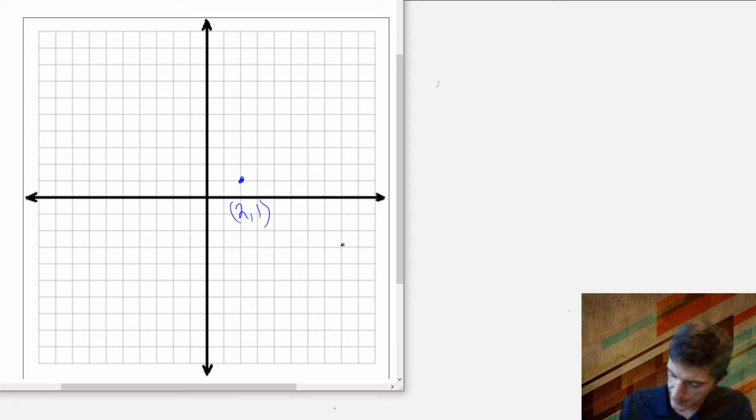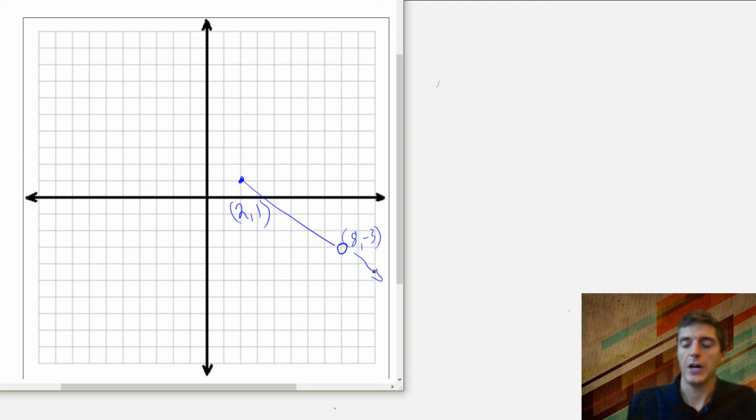And let's say that my midpoint was over here. That's 1, 2, 3, 4, 5, 6, 7, 8, down 1, 2, 3. So this is (8, -3). So my question is, where is my other endpoint?